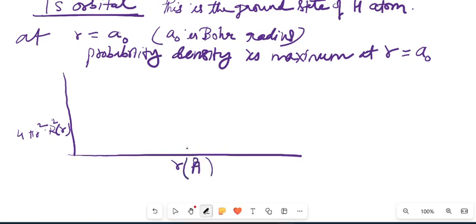Taking 5 and 10 on the axis for the 1s orbital, the graph comes out like this.